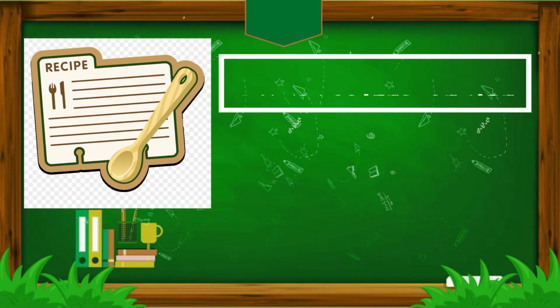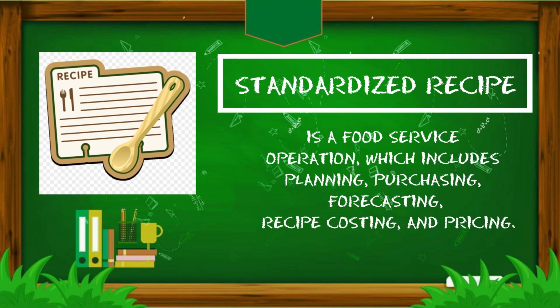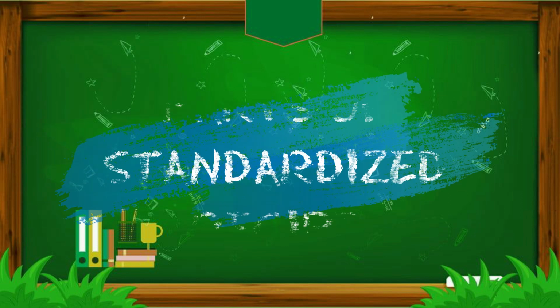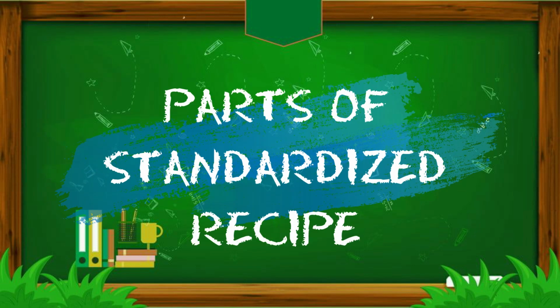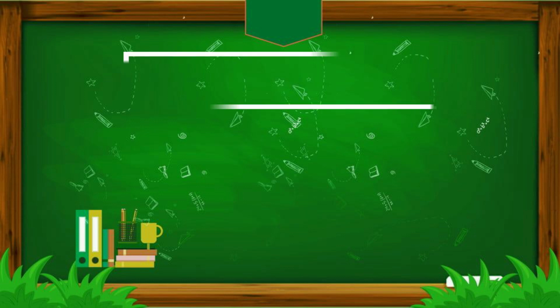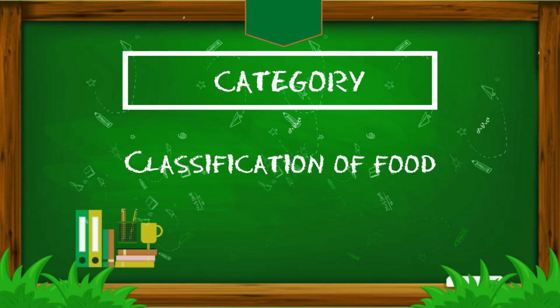Standardized recipe is a food service operation which includes planning, purchasing, forecasting, recipe costing, and pricing. There are different parts of a standardized recipe. First is the title or the name of the recipe. Second one is the category.